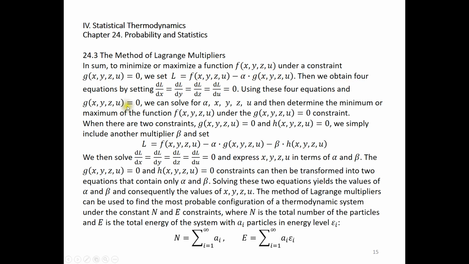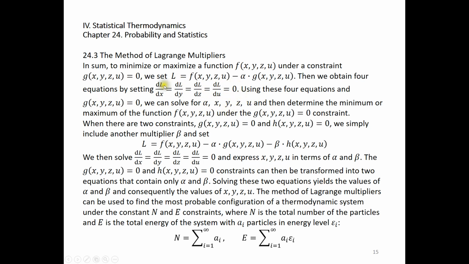Then we obtain four equations by setting dL over dx is 0, dL over dy is 0, dL over dz is 0, dL over du is 0. Using these four equations and also using this, we can solve for alpha, x, y, z, and u. Because we have four equations here, we have another equation here, we have 5 equations in total, and we have 5 variables. So we can solve for the values of alpha, x, y, z, and u.